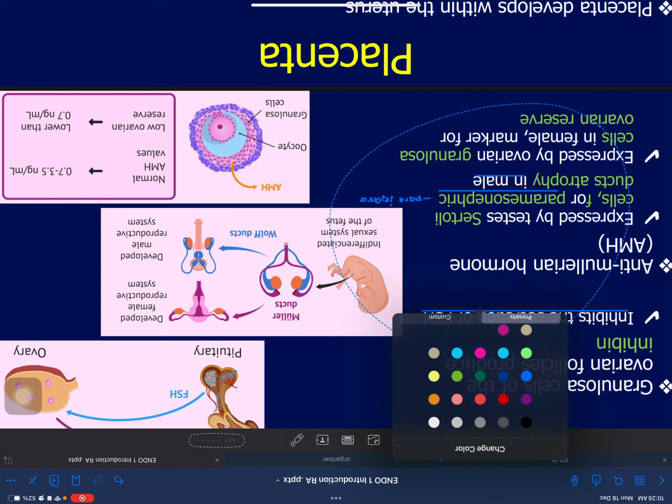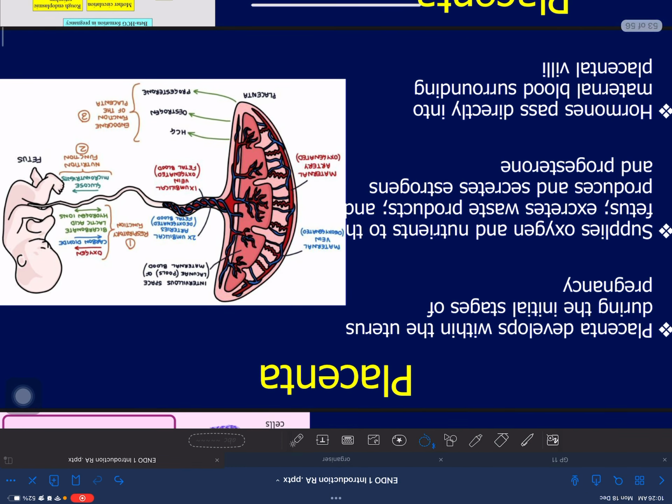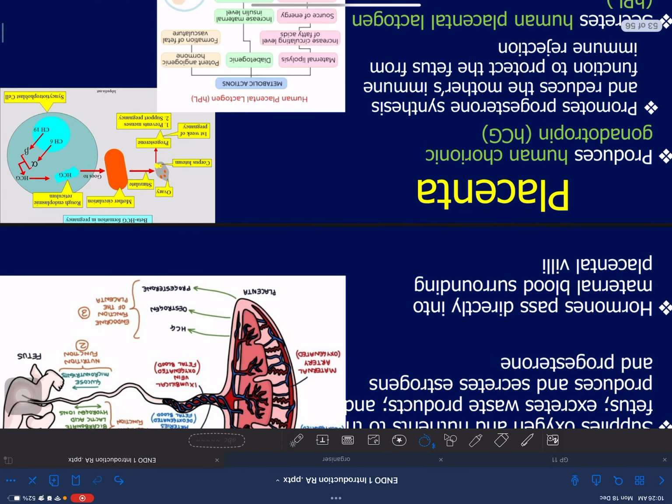Okay, the placenta develops within the uterus, supplies oxygen and nutrients, and also secretes estrogen and progesterone. This hormone passes directly into the maternal blood surrounding the placental villi. These are the hormones secreted by the placenta.